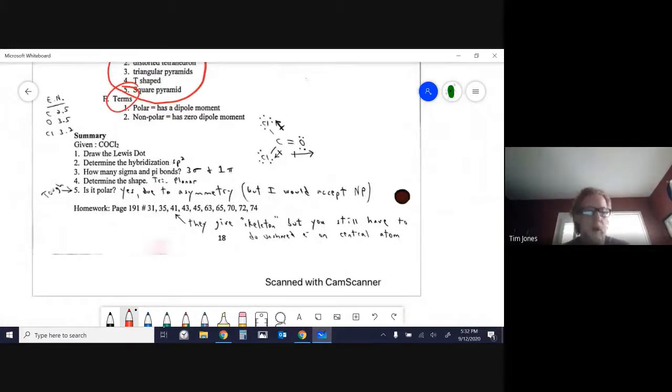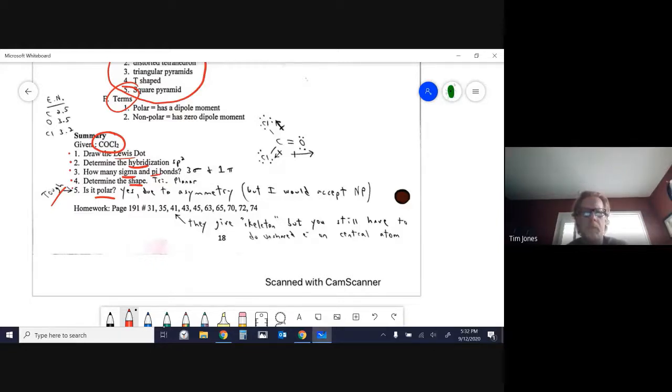I encourage you to try this, take this, and go through these steps. Draw the Lewis dot, determine the hybrid, go through sigma and pi bonds, determine the shape, determine if it's polar. And like I mentioned, it's a tough one. And I really like this example because it's important that you do every one of these steps in order to fully understand what is happening.